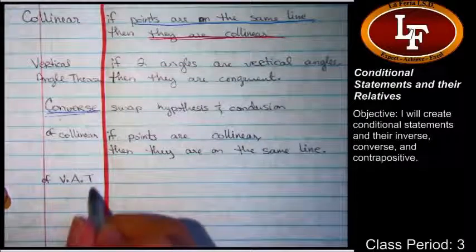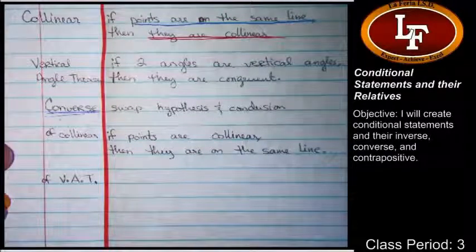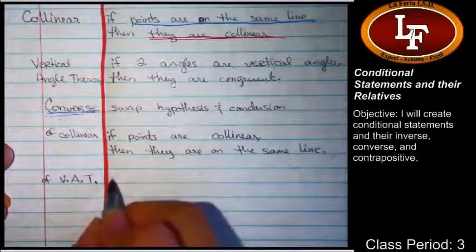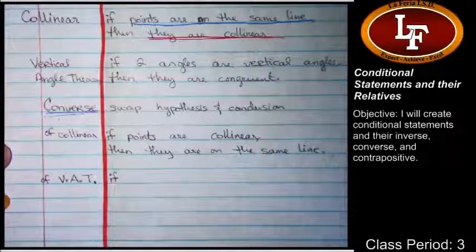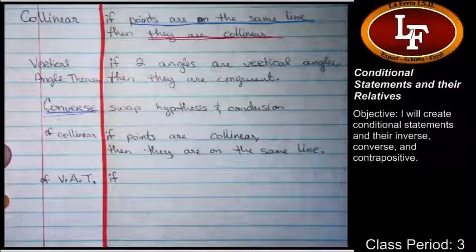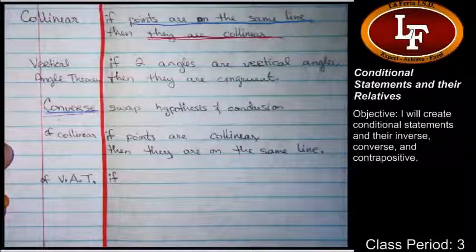What's the converse of the vertical angle theorem? Look back at the original conditional. If vertical angles are congruent, then there are two angles. Close. If angles are congruent, then they are vertical. How many angles?